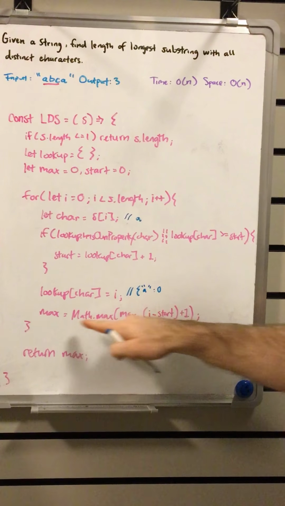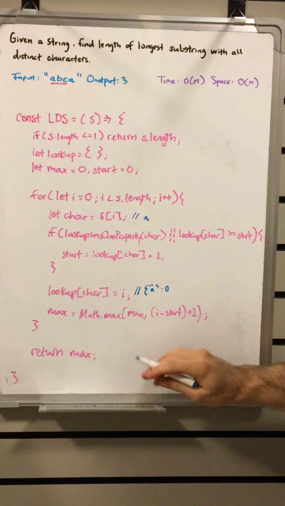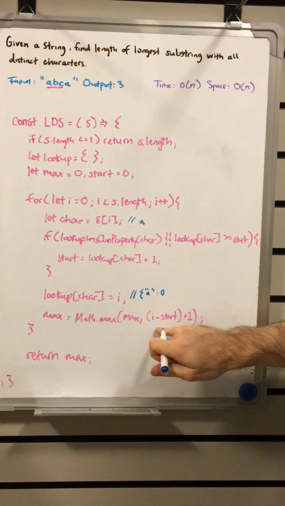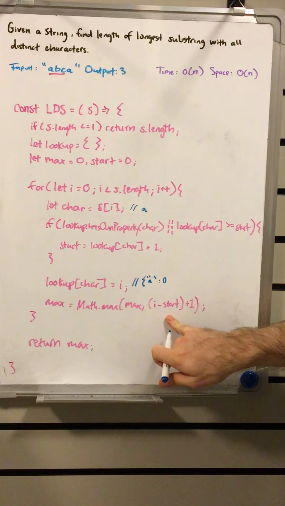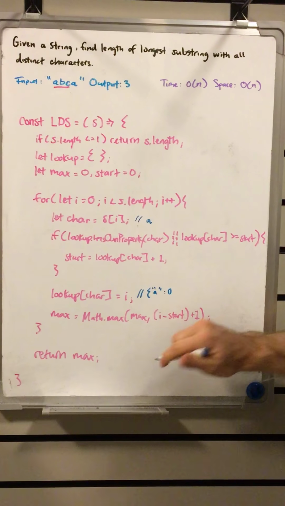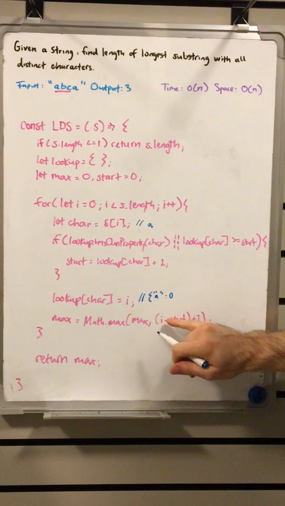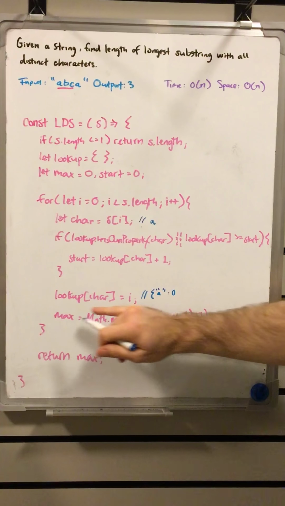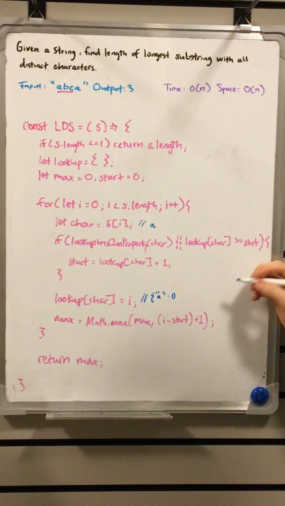Then we reset our max. So our max is going to be whatever the last max was versus the current index minus the start plus 1. Since the current index is 0 and the start is also 0, this will be 1. So the max will be set to 1, because 0 minus 0 is 0, plus 1 is 1.